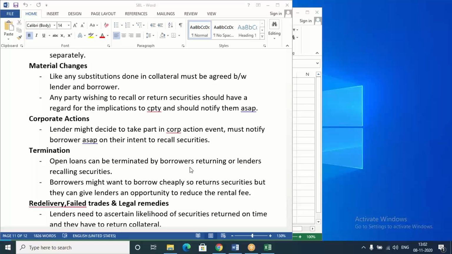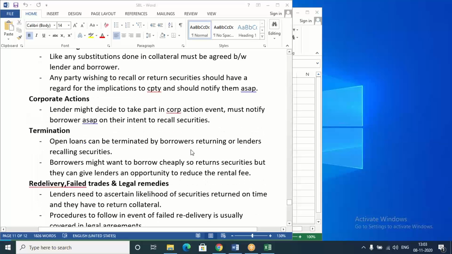But the fee has already been paid by the borrower, right? Then what's the point in borrowing from somewhere else? He'll have to pay the rental fees again. Fee is paid at the end. Rental fee is decided at the beginning. Okay, that's okay. Got it.